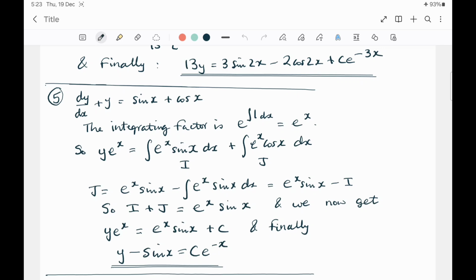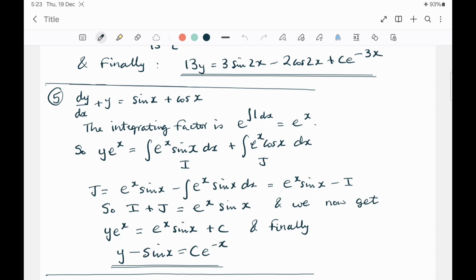I've labeled these two integrals as I and J, and looking at the second one, J, and integrating by parts, you'll get the first times the integral of the second, which is e to the x times sine x, minus the integral of the first differentiated, which is e to the x, times the second integrated, which is sine x dx, which is e to the x sine x minus the integral which I've called I. So from that you quite easily get I plus J equals e to the x sine x.